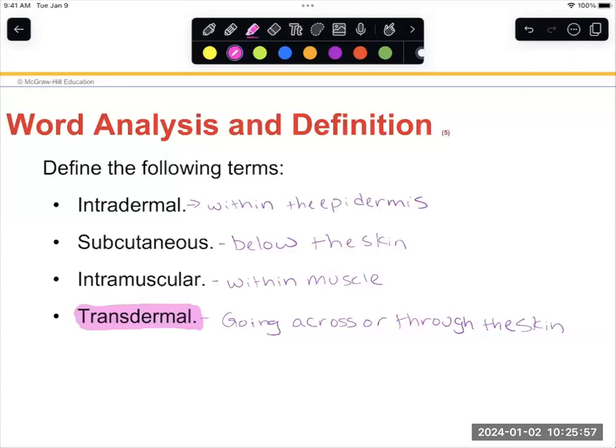A lot of them are actually done intramuscular. So that needle is sent into that muscle to be injected into the system. Subcutaneous, they can do injections just underneath the skin. If you've ever had a TB test done, allergy testing done, those are done subcutaneously.